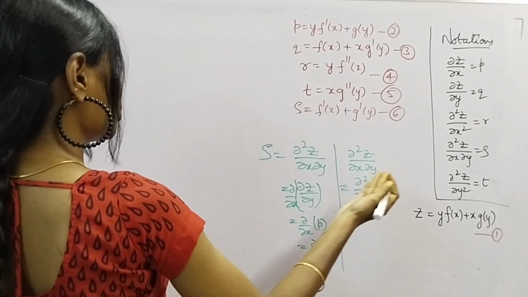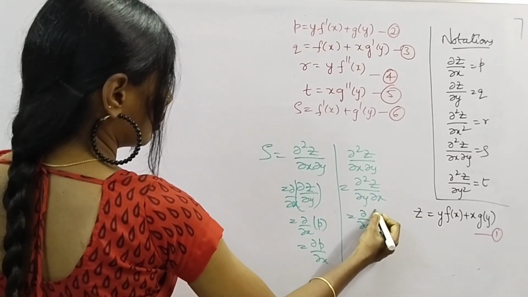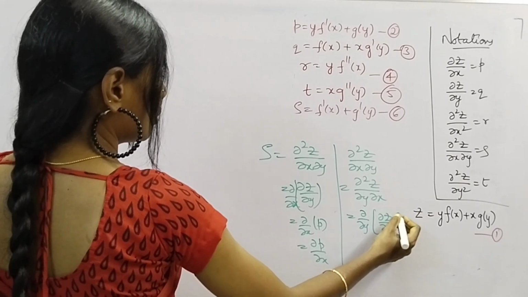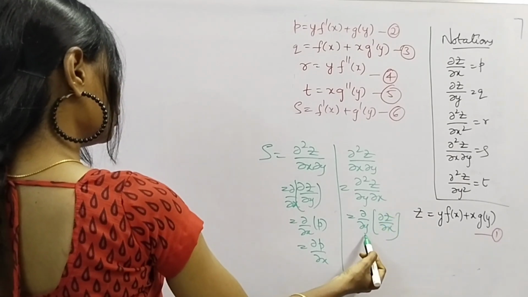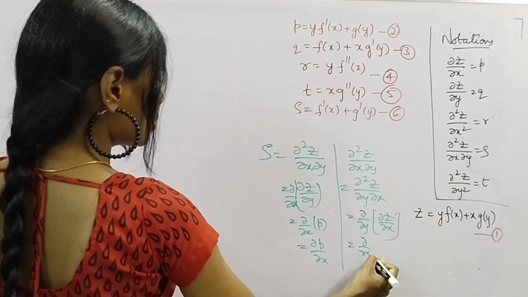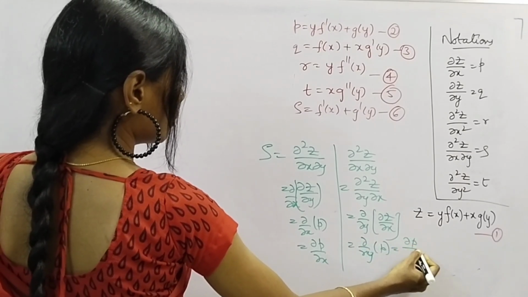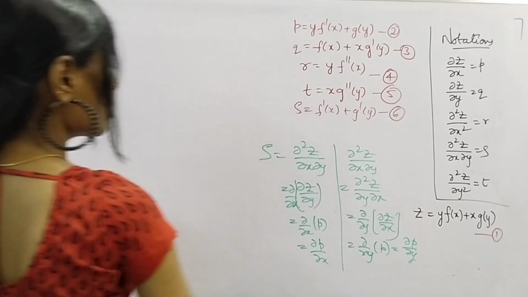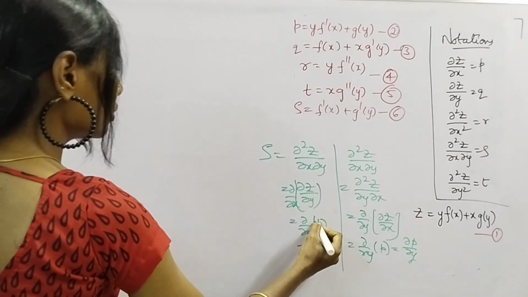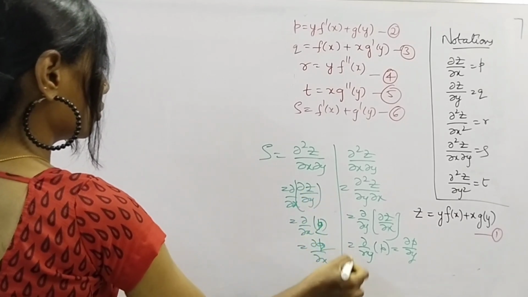You can write dou x into dou y or dou y into dou x. You can write this term as dou by dou y of dou z by dou x, since we know that dou z by dou x is p. So the partial derivative of p with respect to y also gives s. Dou z by dou y is q.